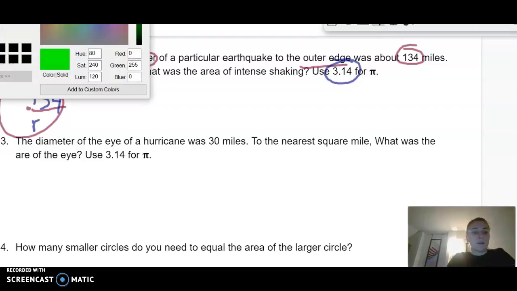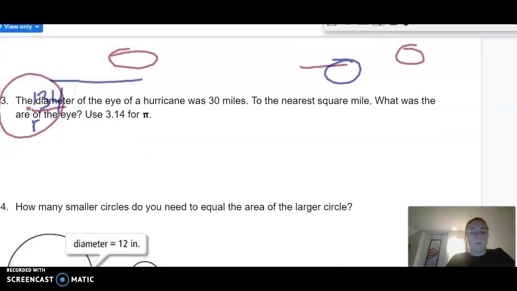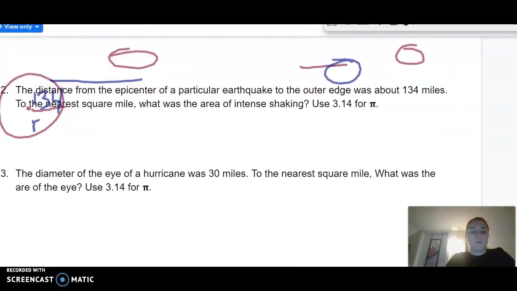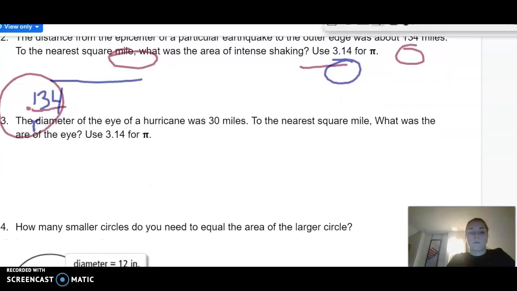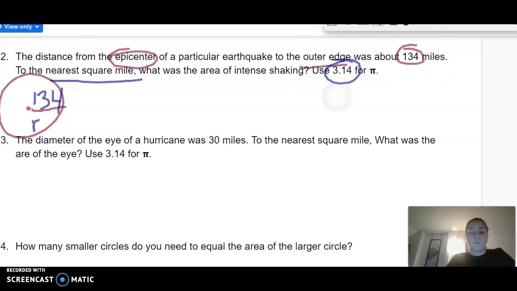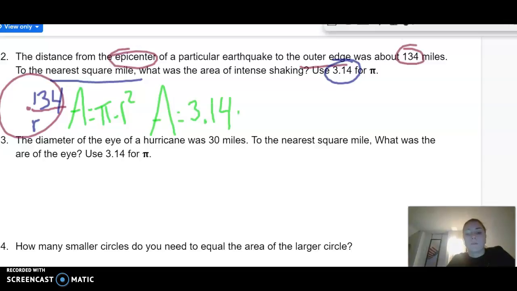All right, so we're going to write our formula. We have area equals pi times radius squared. We are using 3.14 for pi. So we have 3.14 times 134 squared.